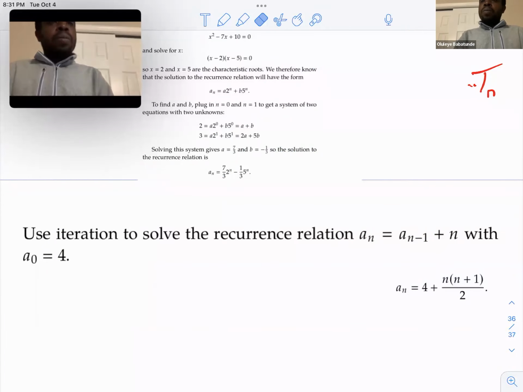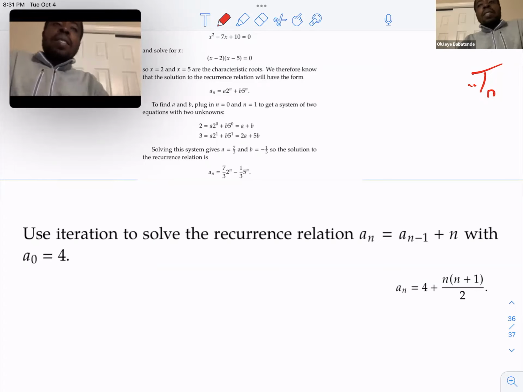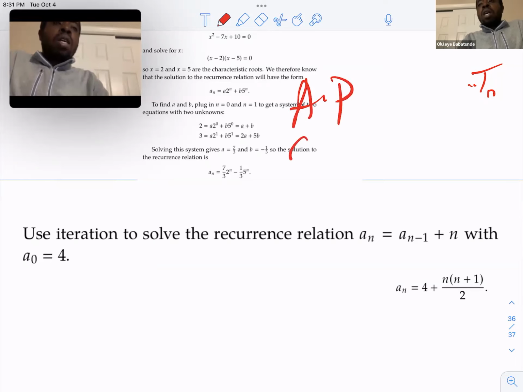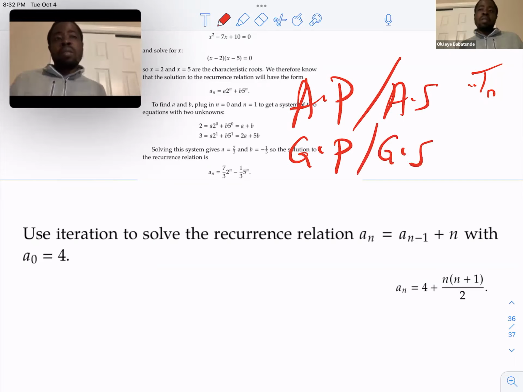Now to solve, we've discussed in this class arithmetic progression and geometric progression, arithmetic series and geometric series, and I've told you what those mean.